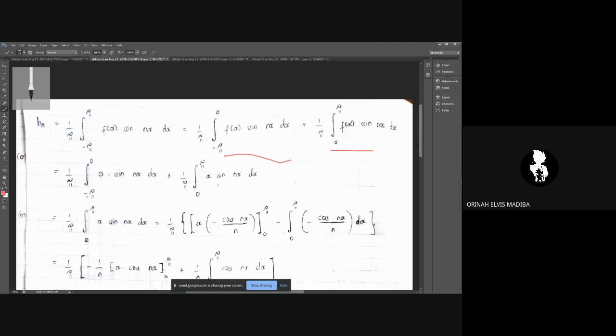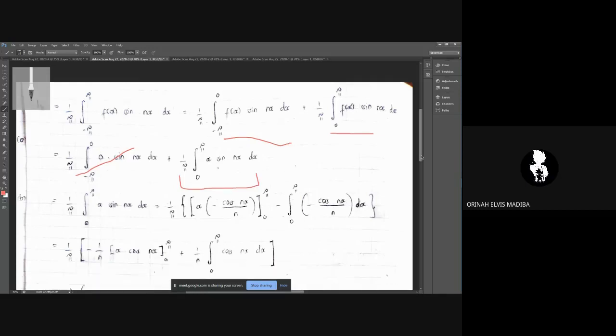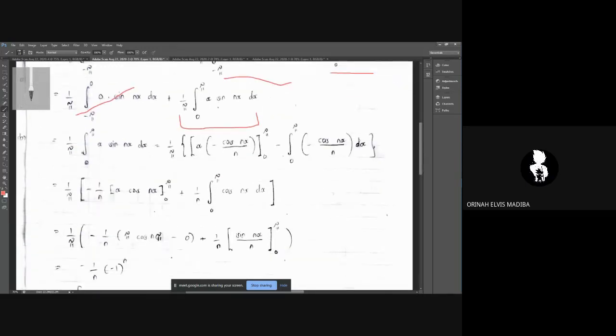Right, we substitute the values. The first value is 0 and the other one is x. Looking at this, we see the first part goes to 0, so we don't have that part, and we remain with this. 1 over pi, 0 to pi, we integrate and get this equation. Again, it's integration by parts.